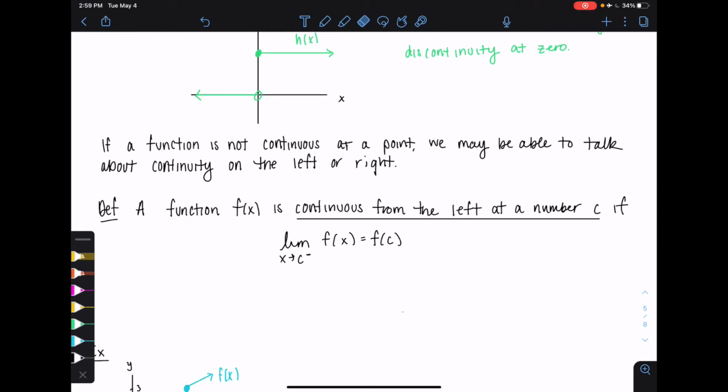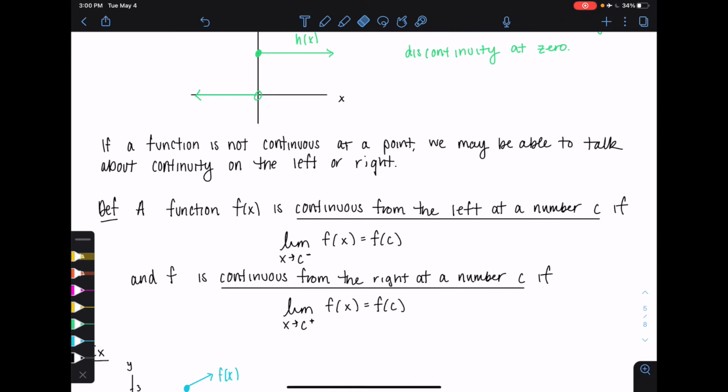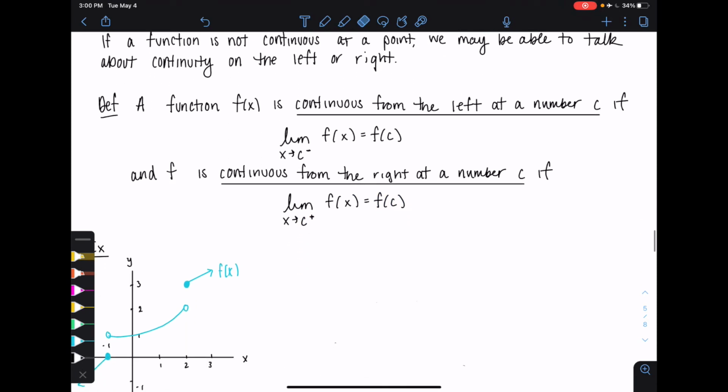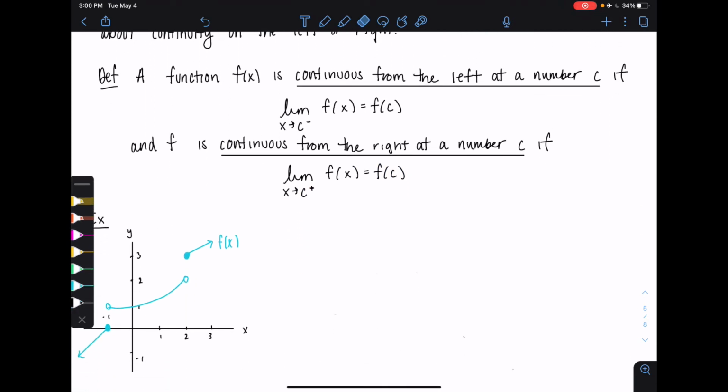We say a function f of x is continuous from the left at a number c if, when we do the left-sided limit, it's the output of the function. And we say it's continuous from the right if, when you do the right-sided limit, it's the actual output of the function. Okay? So let's look at some examples.